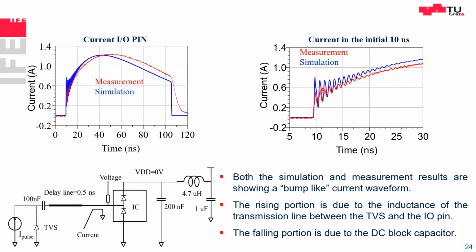It rings at the natural frequency. But then it goes up. Why does it go up? Well, think about the following. The trace is a transmission line at higher frequencies; at lower frequencies, we look more like an inductor. And inductors don't like current change. So the inductance of this transmission line basically forces against the current change, and slowly it can rise. And then it goes down.